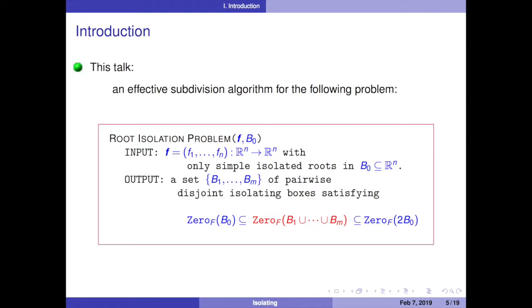Why don't I say the set of roots that I compute should be exactly equal to the roots in B0? Why is that? And this is a very important point. Actually, it's impossible to do in this general setting. In this general setting of functions. Even in the case of polynomials, it will be very expensive because it will require knowing, is this root really on the boundary?